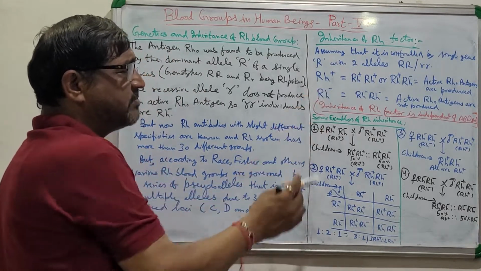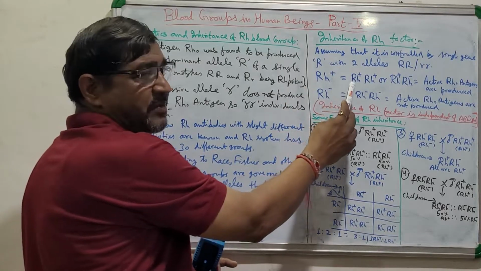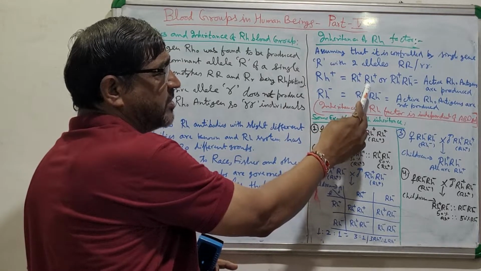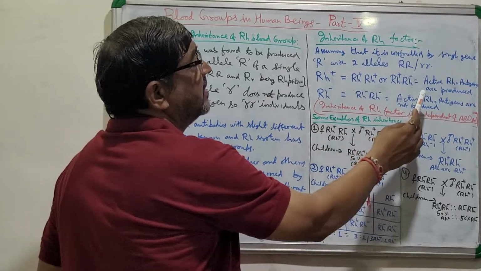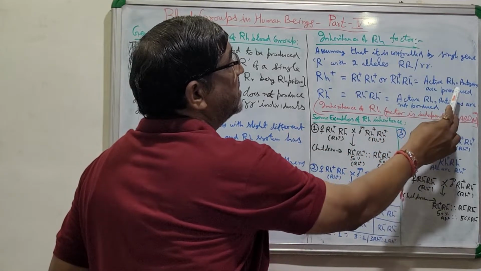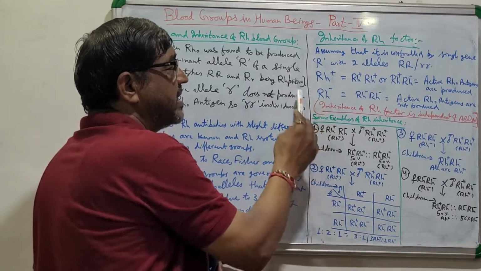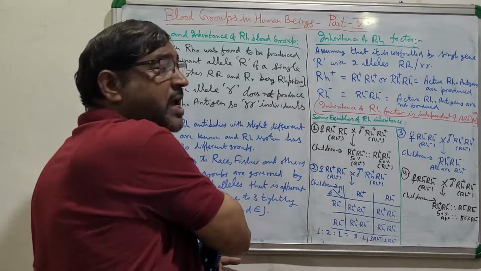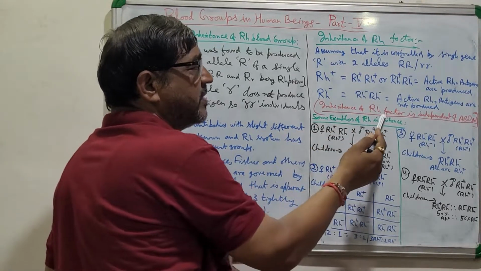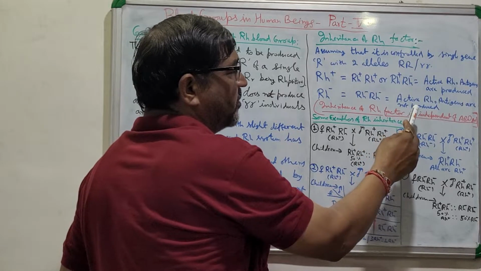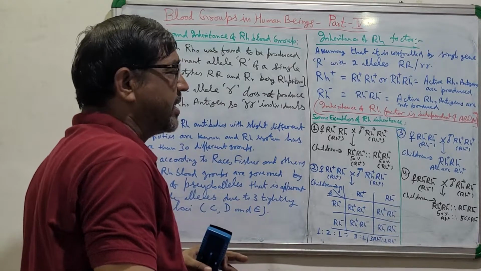The phenotype Rh positive may have the genotype capital R capital R, or capital R small r. These individuals produce active Rh antigen. The Rh negative phenotype has the genotype small r small r, and it doesn't produce the Rh antigen in the body.